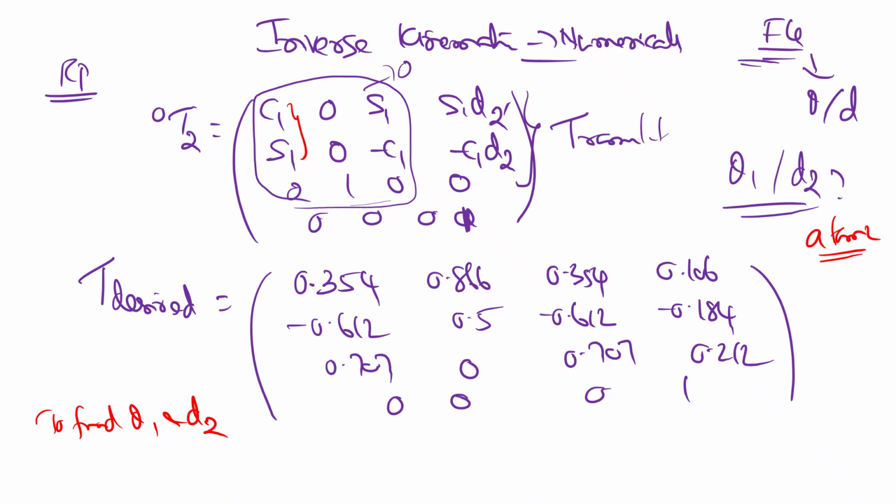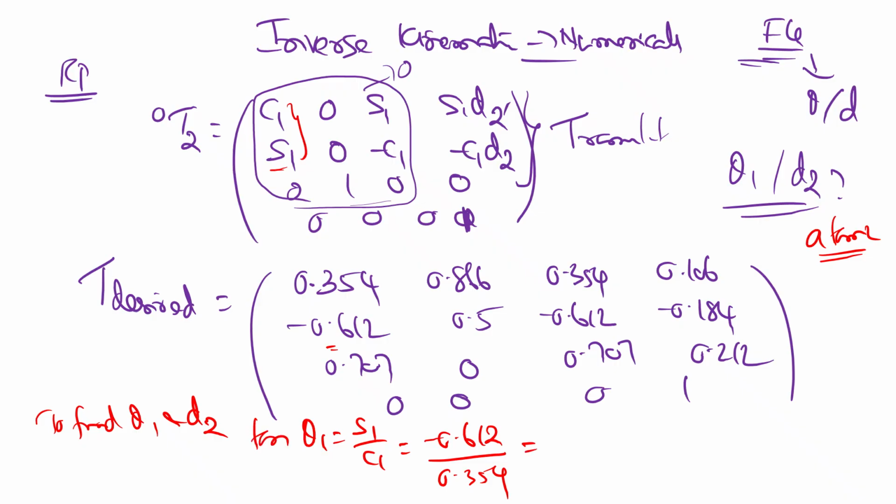How will you get theta 1? If you take the ratio of S1 by C1. Here S1 is minus 0.612 and C1 is 0.354. This is tan theta 1.